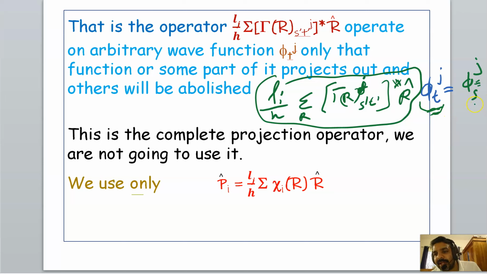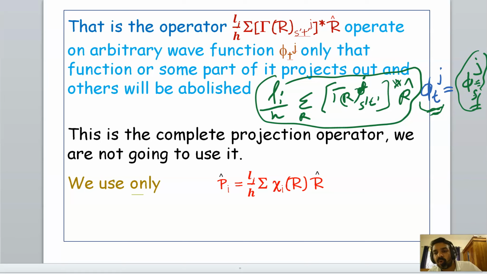The symmetry of the operator is j, and this operator having symmetry j operates on a function phi tj. Then we get another function or a linear combination of functions having the same symmetry, and it omits all others. This function may contain many terms not included in the same symmetry.